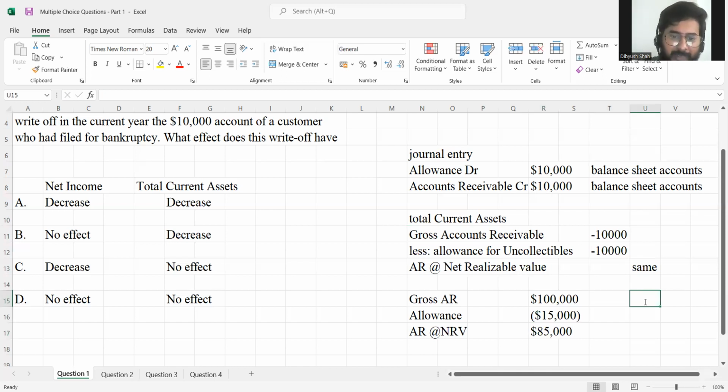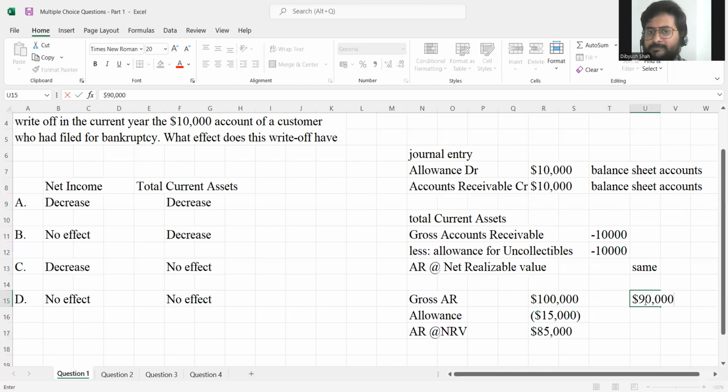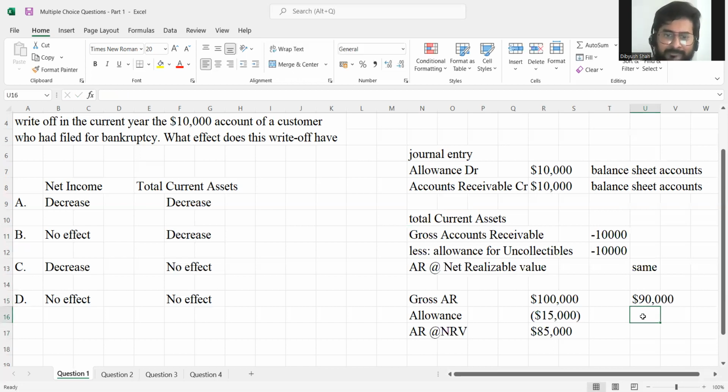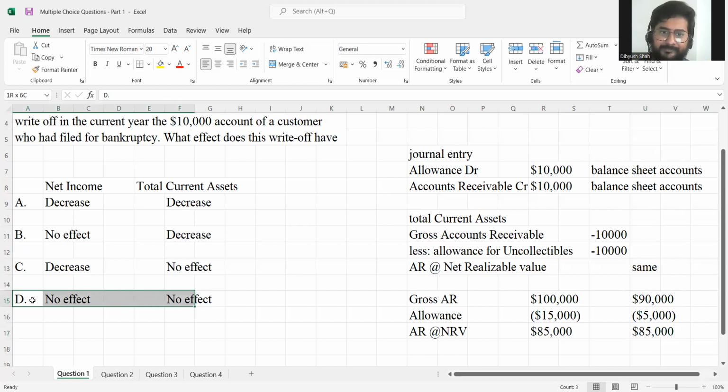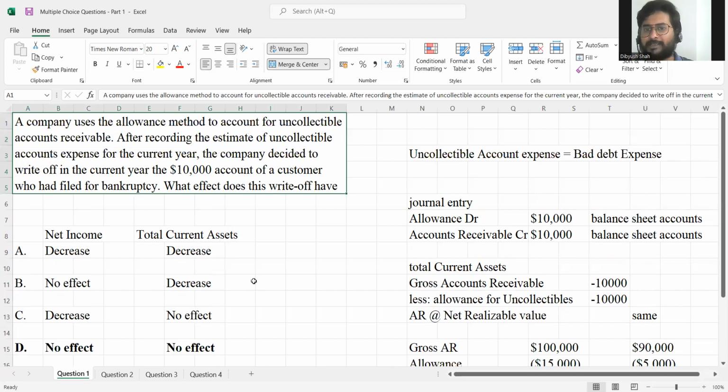This 100,000 will become 90. This 15,000 will become 5. And AR at NRV will still remain at 85. So this virtually confirms the discussion that we had, that a write-off under the allowance method has no effect on the income statement or total current assets. Your correct answer will be option D.